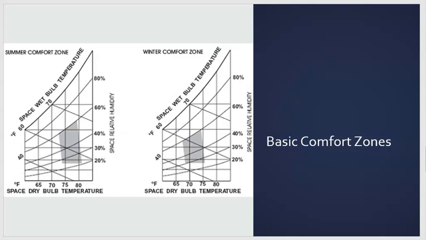Ironically, this is showing that humidity is the max humidity is the same, but you can have more variation on the lower limits of humidity. And when we design for this environment, this is typically why we'll have cooling and heating systems or a system that can do both, because the needs in the winter and the summer are different.